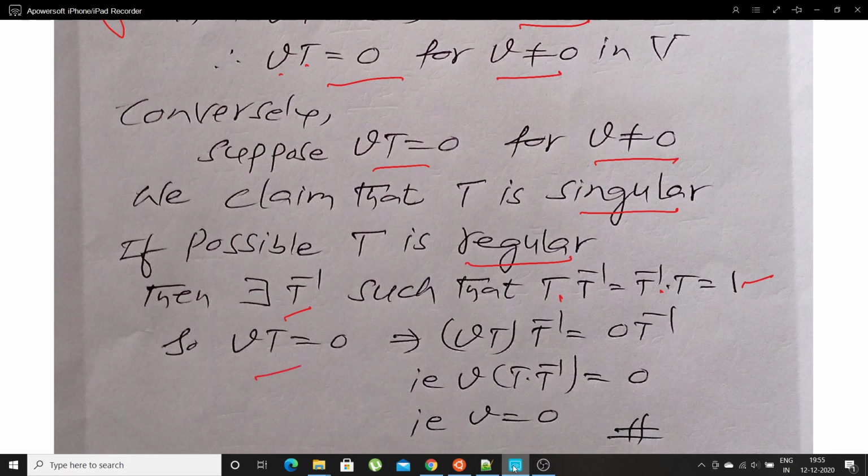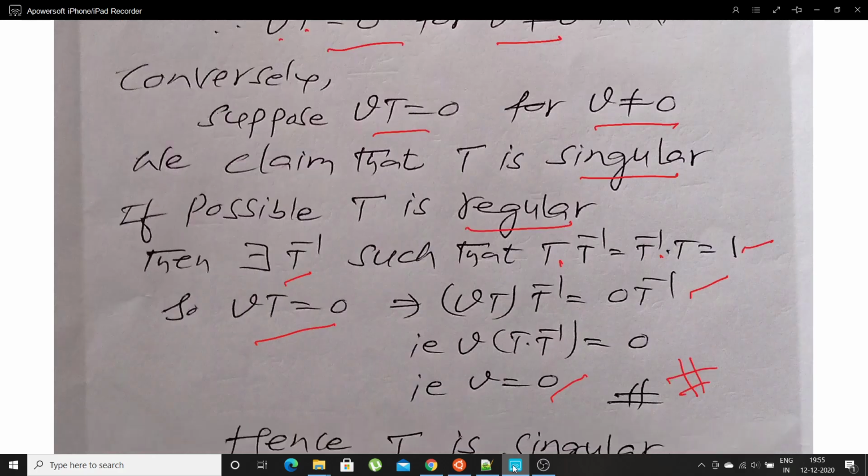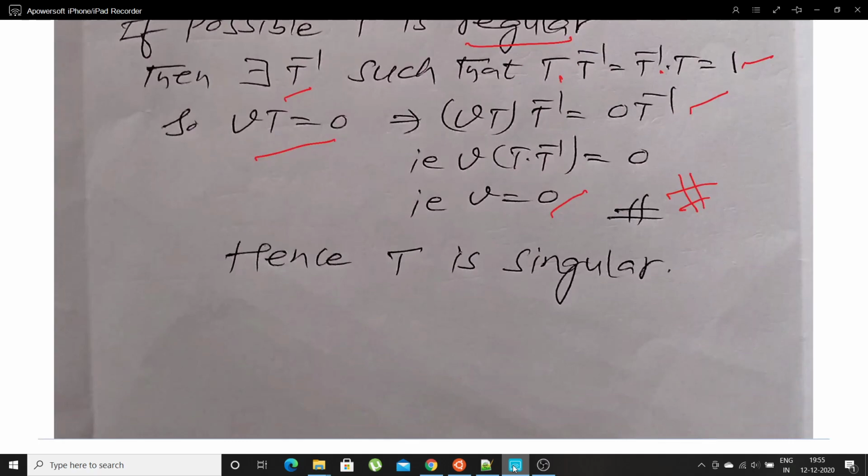Since vT equal to 0, operating T inverse both sides, what we get? v equal to 0, which is a contradiction. Contradiction means our assumption is wrong. What was our assumption? T is regular. T is regular is a wrong assumption. So the correct one is that T should be singular.